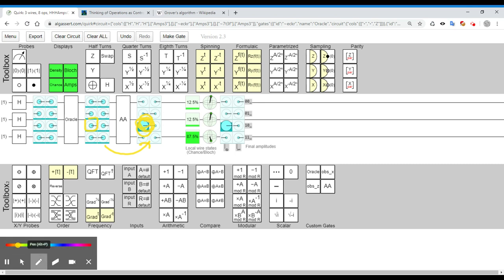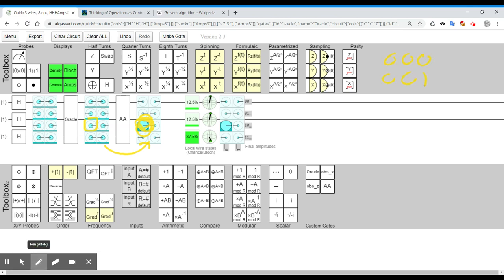So if we've got 0 0 0, 0 0 1, 0 1 0, 0 1 1, 1 0 0, 1 0 1, 1 1 0, 1 1 1, and then we've got plus minus minus plus plus plus plus minus.